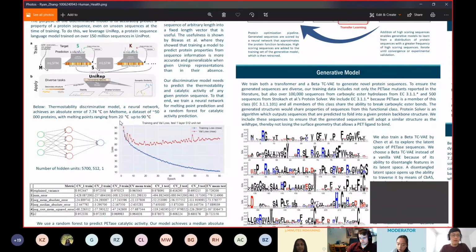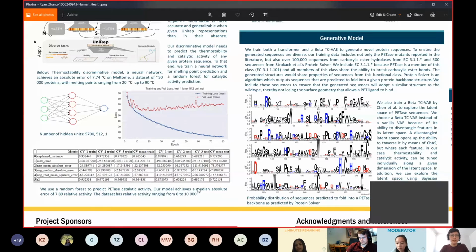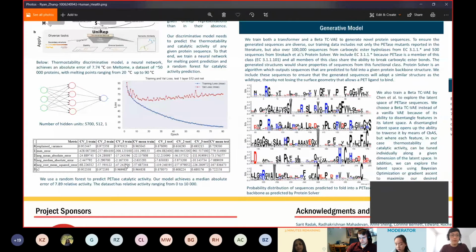Our model achieves an absolute error of around 7.74 degrees Celsius, and here you can see the loss curve for it. We also trained a random forest model for predicting protein activity, trained on our PET sequence data, which is around 750 sequences.